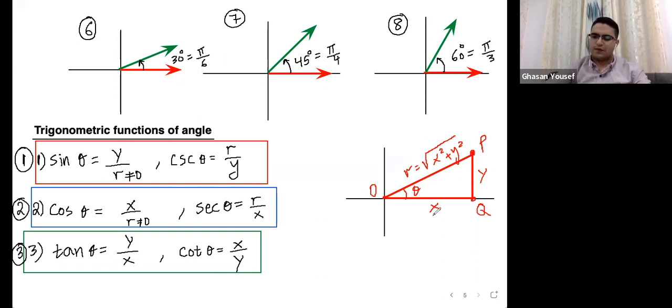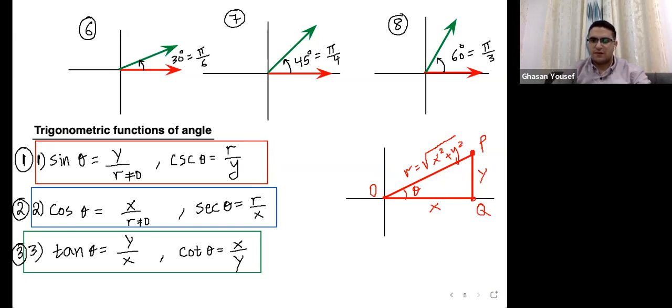You should know for all these functions, here is the initial side, it's on the positive x-axis. Also, this is called the terminal side, and you should know the angle is in the standard position. All these angles are in the standard position.